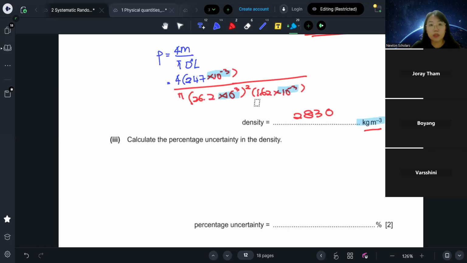So here, tell me your answer. Four and pi is a value, so we just ignore it. If at the end you got 4 times 4 or what? Cannot be.